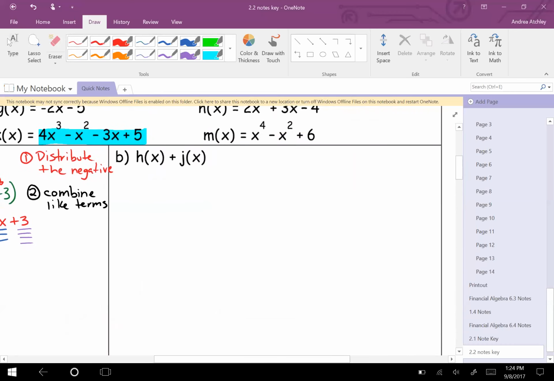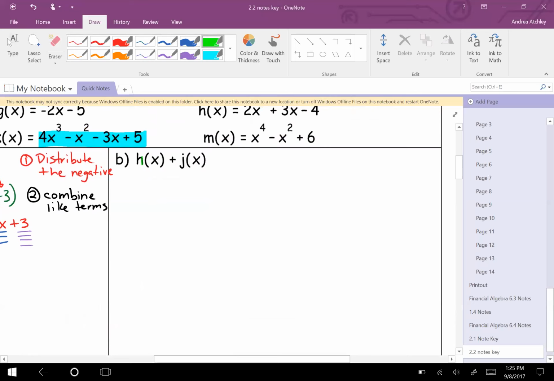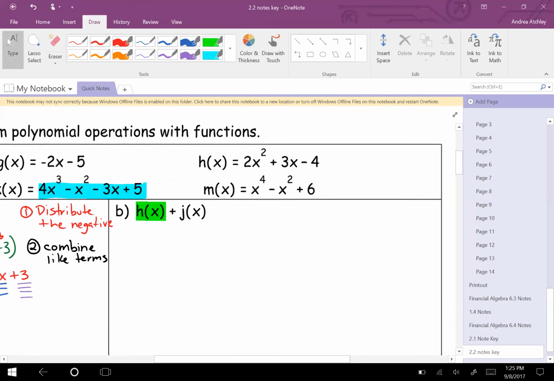Now we have h of x plus j of x. So here's my h of x. We have the 2x squared plus 3x minus 4.